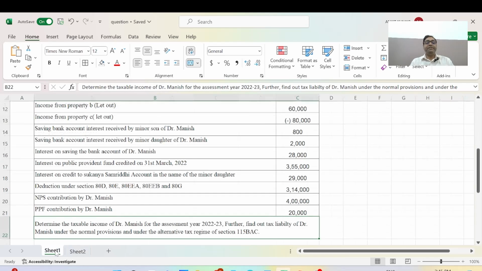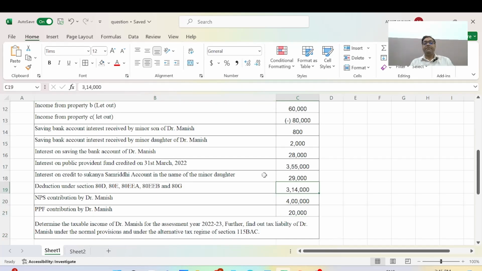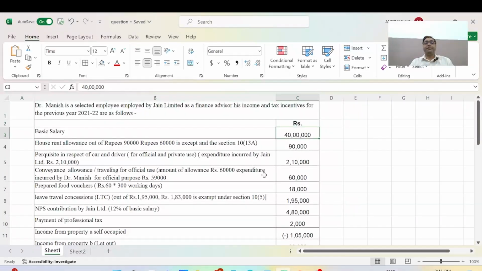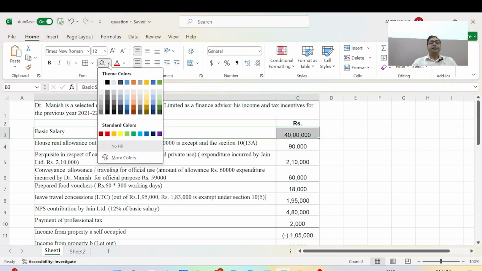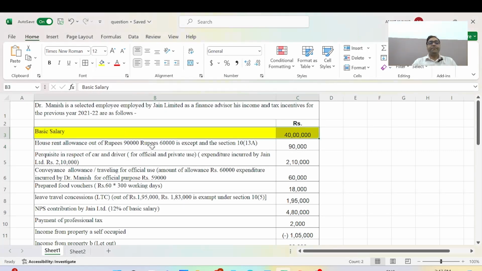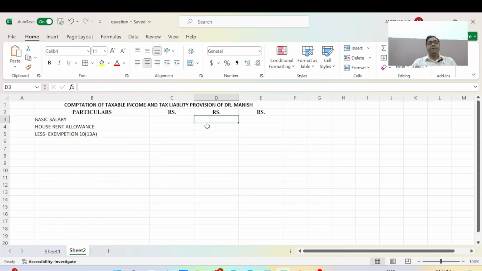But first we will see what information is given in the question. Now we will discuss the basic salary of Dr. Manish, which in this question is 40 lakh rupees.